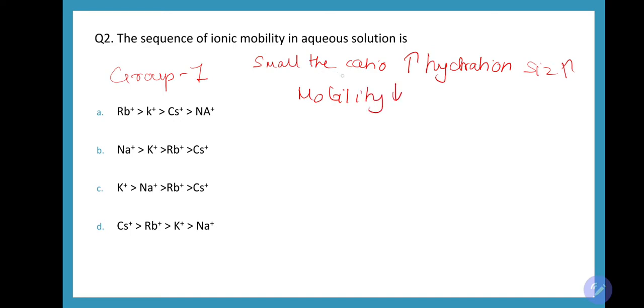So the smaller the size of the cation, the higher the hydration, and the effective size will increase with the decrease in mobility. So larger ions have less mobility, and more hydration.